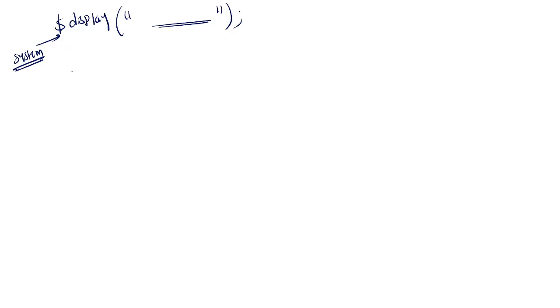In dollar display there are some escape identifiers: for blank space you can write backslash b, for tab backslash t, and for new line backslash n. Next you have the comments.